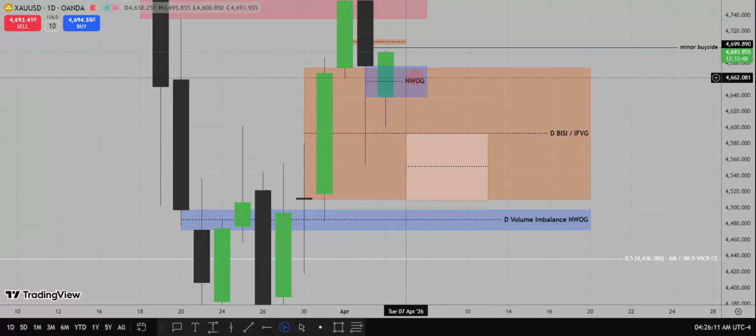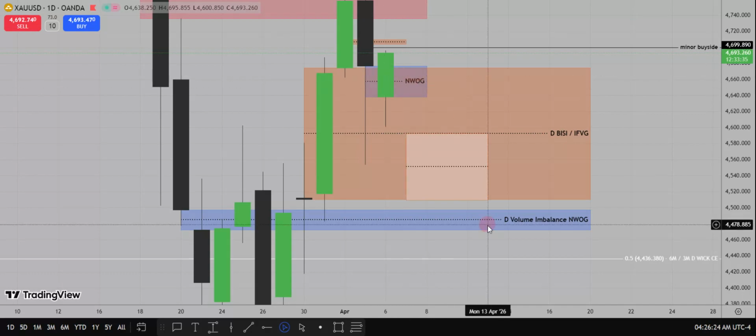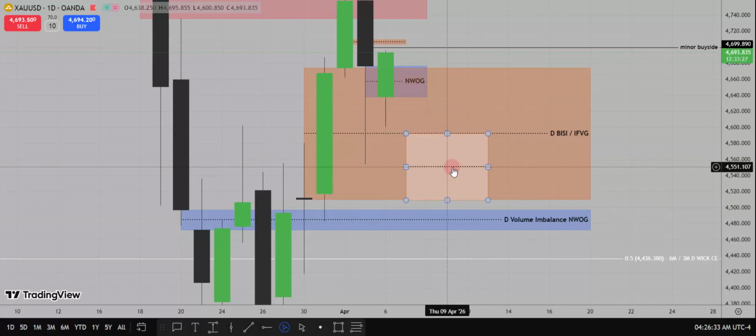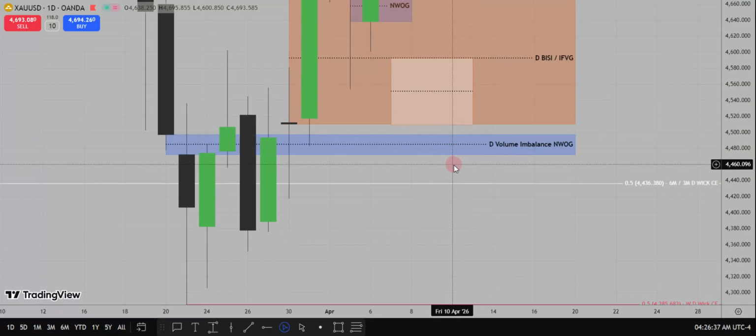You don't know what price will do, but I'm talking about what I want to see this week. I want to see probably a delivery to the downside. So I want to see price breaking below this consequent encroachment using this area here, then deliver lower. Same thing happens to this PD array, breaking below it with a body, the consequent encroachment with a body.